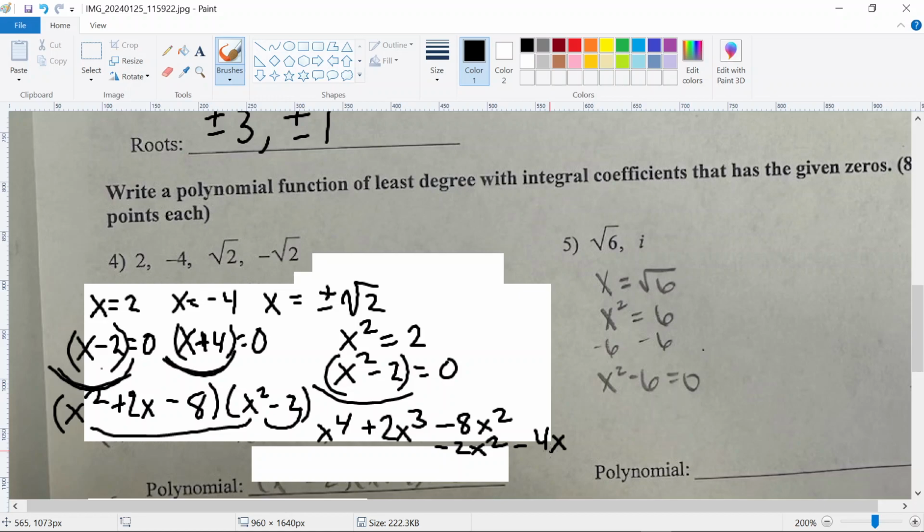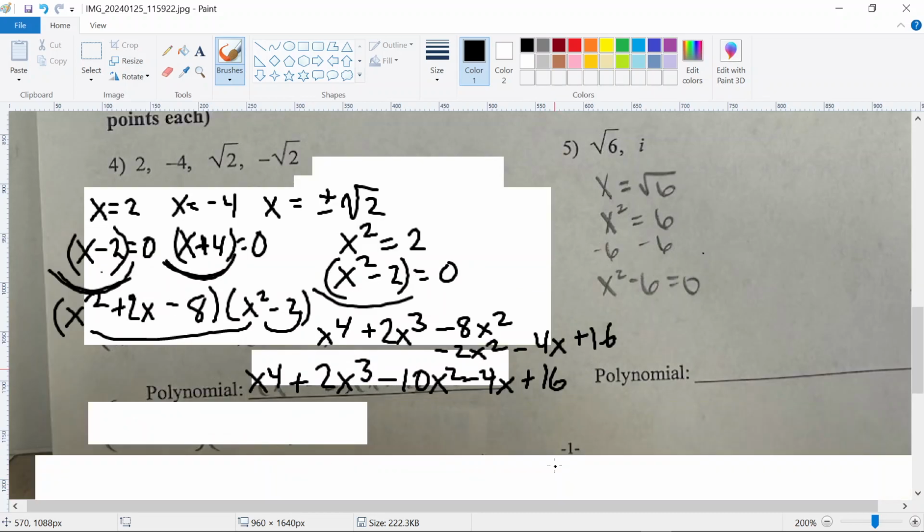And then negative 8 times negative 2 is plus 16. So there's my whole polynomial: x to the fourth plus 2x cubed minus 8x squared minus 2x squared is minus 10x squared, and then minus 4x plus 16. Boy, that goes on forever.